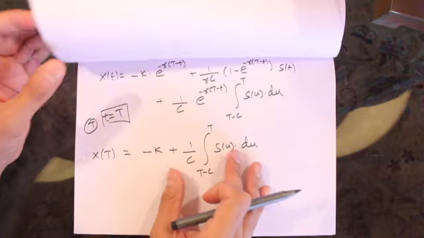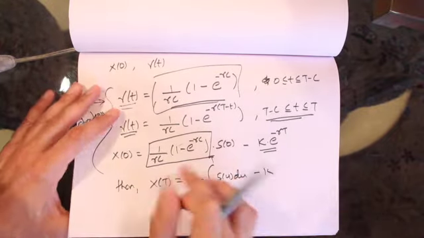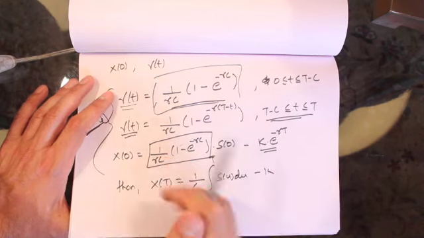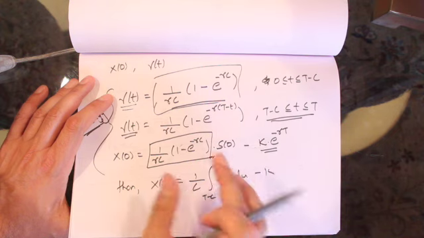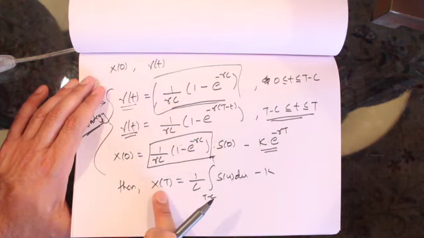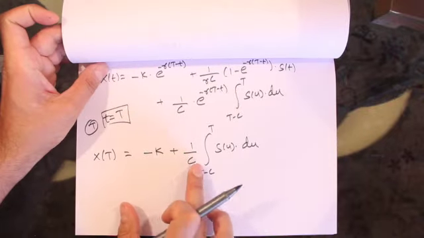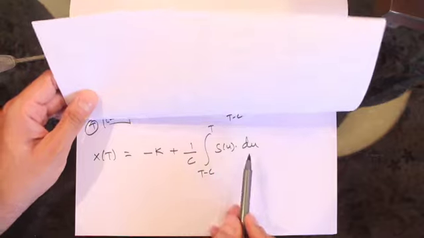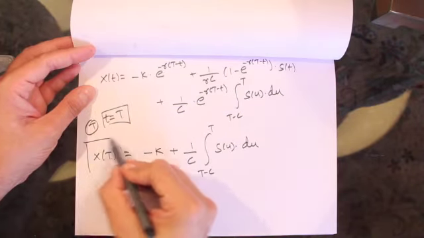Okay, and if you remember, what we wanted to prove was that if we start with this initial capital, and at any point in time we hold this much amount of risky asset, then the value of the portfolio at maturity is going to be this. Let's compare this with this, 1 by c integral t minus c to t S of u du minus K. That's exactly what I get here.